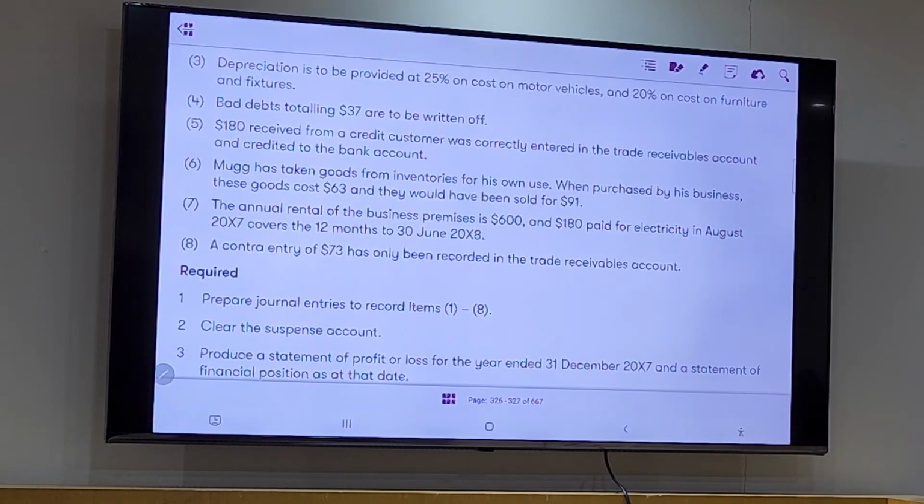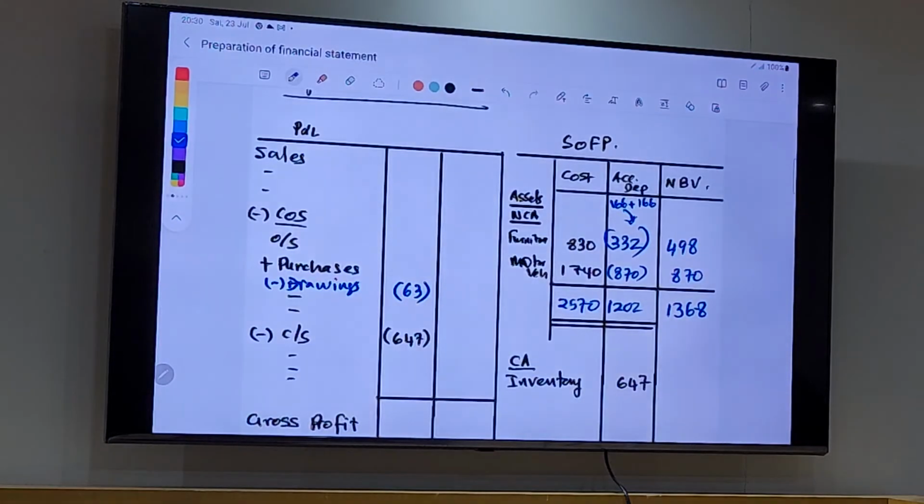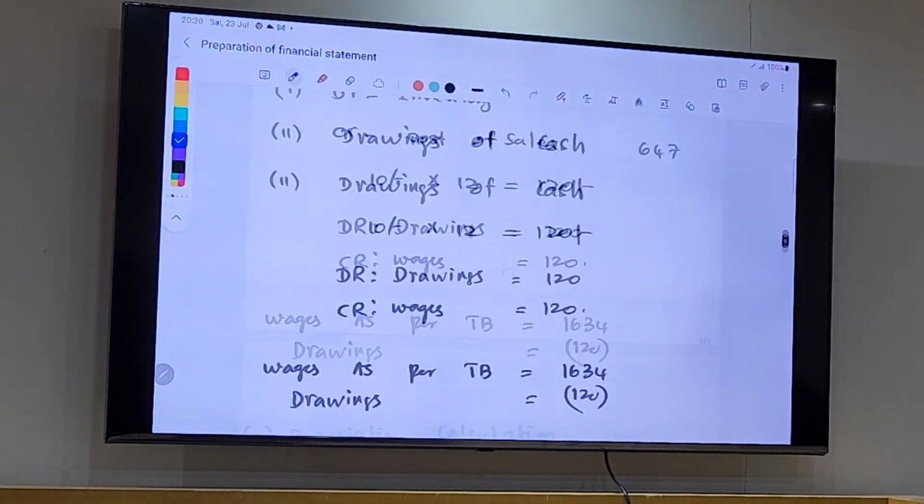And this one also 63, drawings purchase. Yeah, that is a double entry.